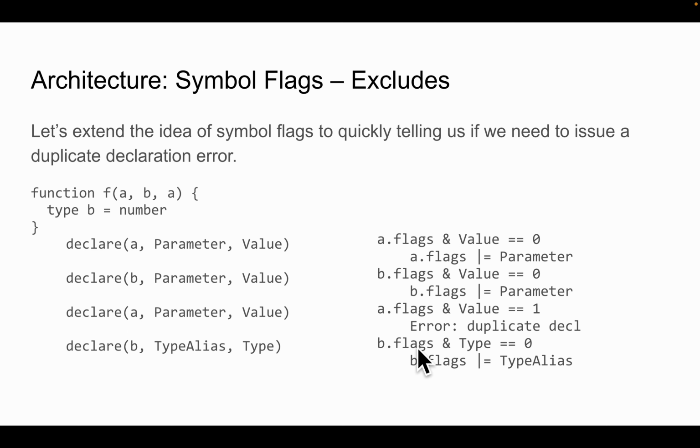So we check b.flags. b.flags will be function scoped variable. And when you bit mask that against type, it doesn't match. The answer is 0, so you're fine. So you say, okay, b.flags or equals type alias. So next time you see type b in the same scope, you will issue a duplicate declaration error because type aliases are not allowed to merge with type aliases.